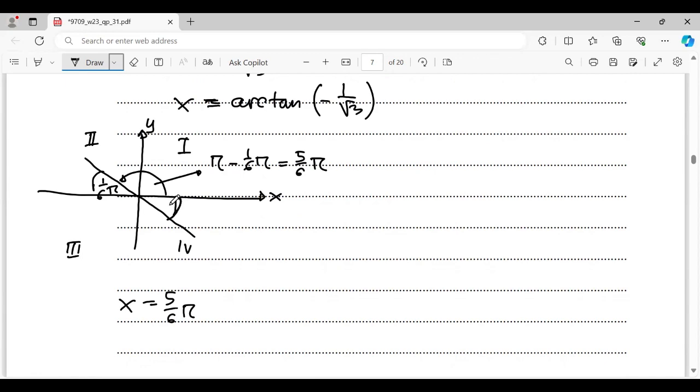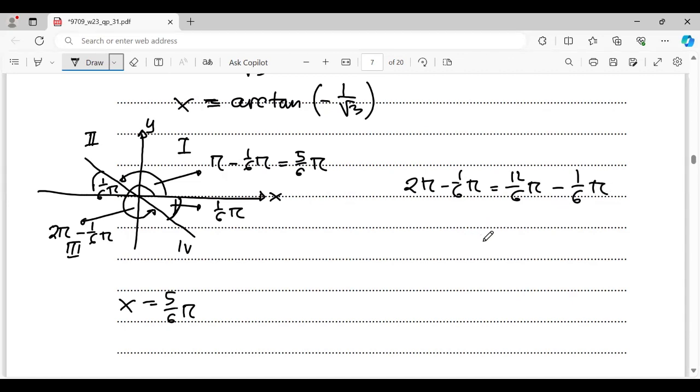So if this angle is 1 over 6 pi, this angle is 2 pi minus 1 over 6 pi. 2 pi minus 1 over 6 pi is going to be 12 over 6 pi minus 1 over 6 pi.